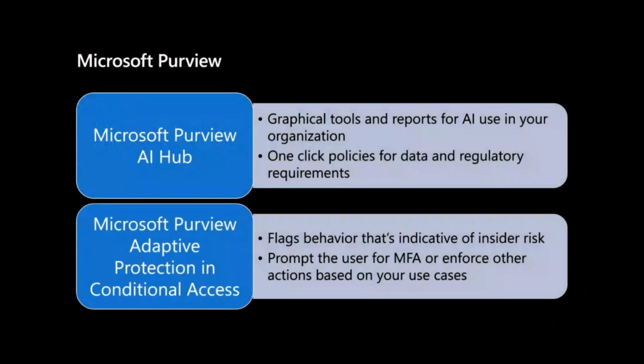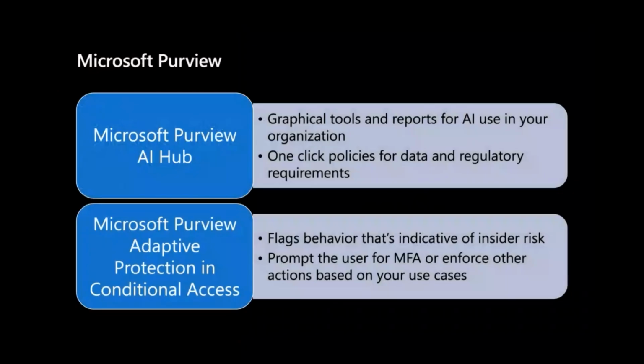And the part of Purview that pipes into Entra in a really beautiful way that Christina alluded to earlier is our adaptive protection controls within conditional access. So this functions just like some of the other risk detection capabilities that you've seen within conditional access, where you then can use them like an if-then statement to make some certain changes based off of the value.